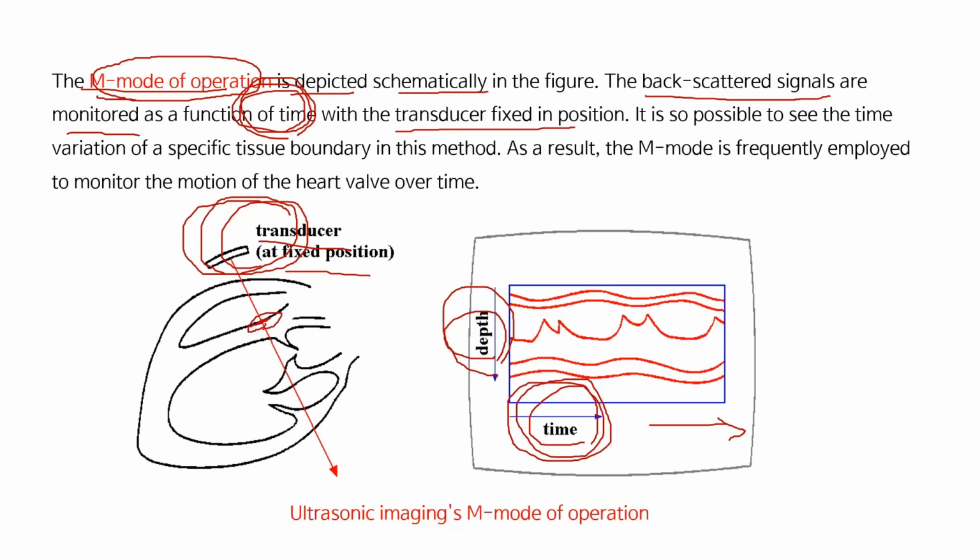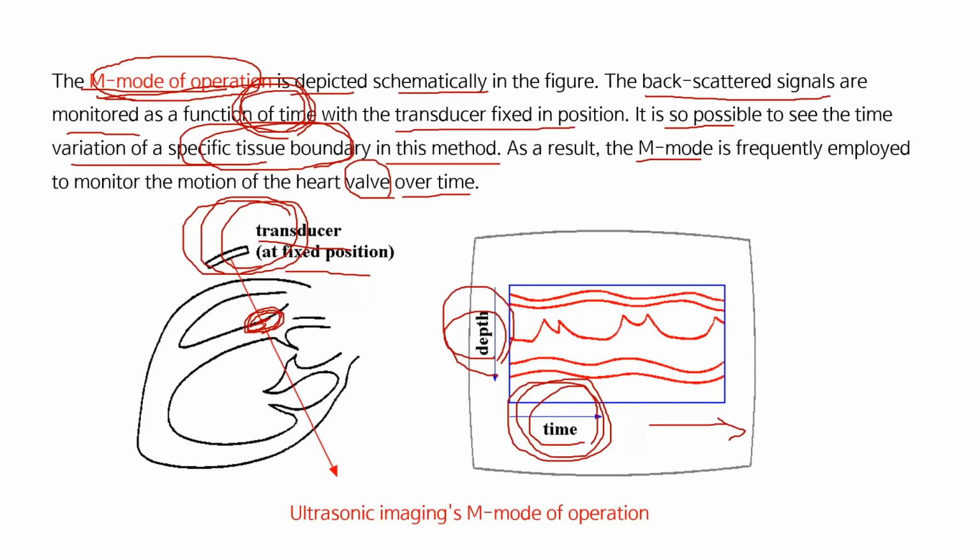Okay, so we want to measure a certain boundary, and the motion of this boundary can be measured by using this M mode operation. It is possible to see the time variation of a specific tissue boundary in this method. As a result, M mode is frequently employed to monitor the motion of heart valves over time.